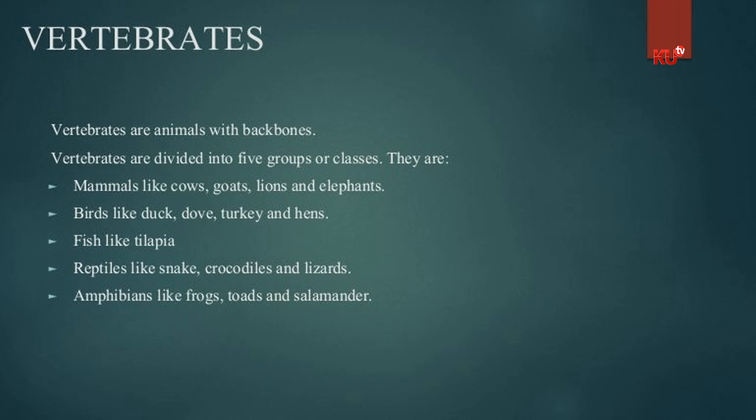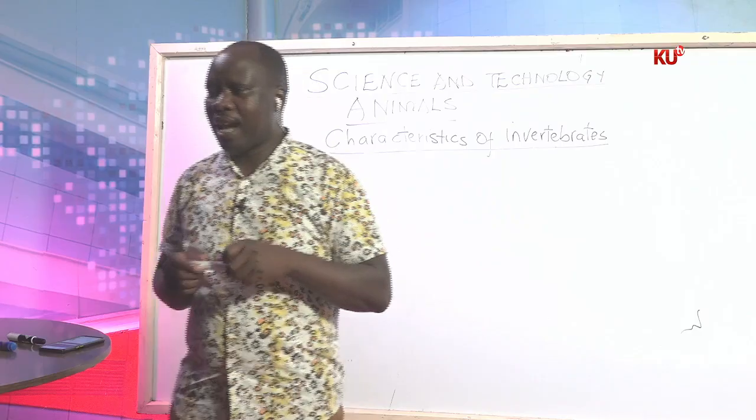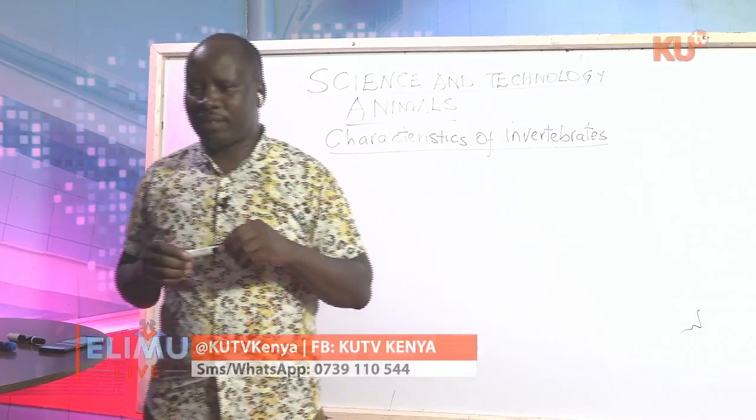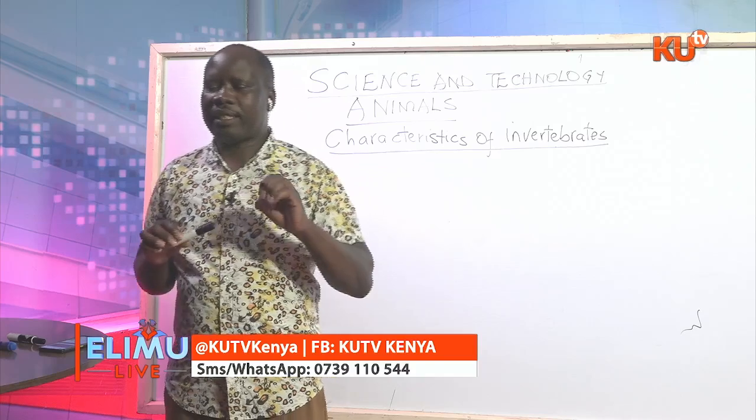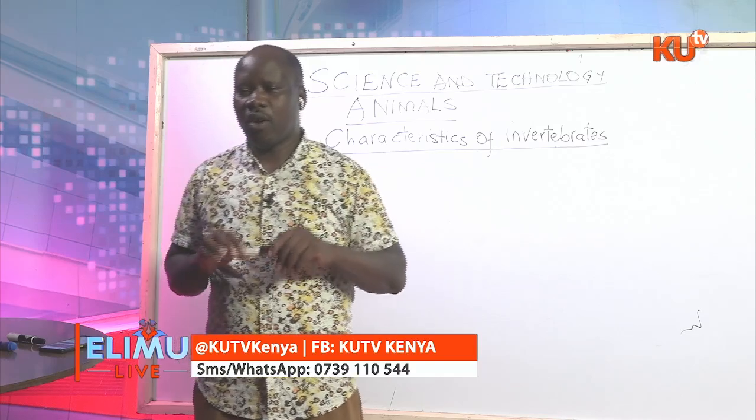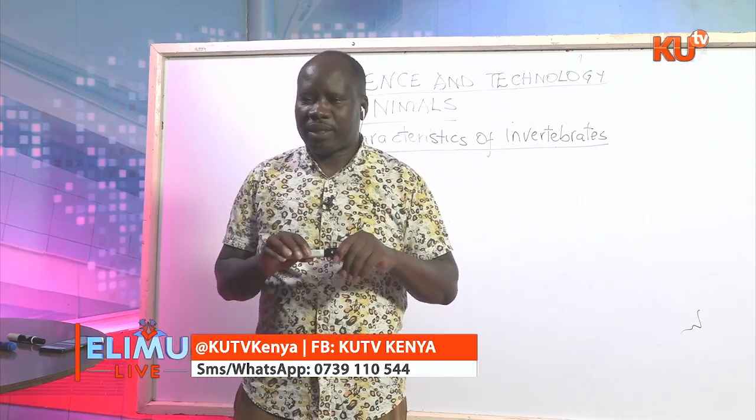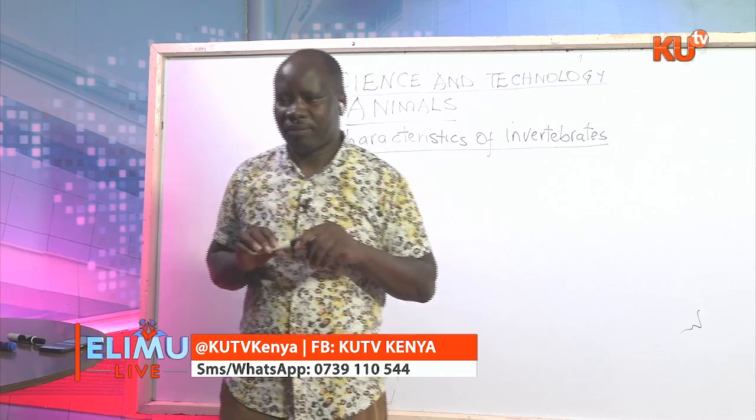The first category of vertebrates, as we did in grade 5, is mammals. Examples of mammals are cows, goats, lions, and elephants, among others. That's the first category of vertebrates, which is mammals.